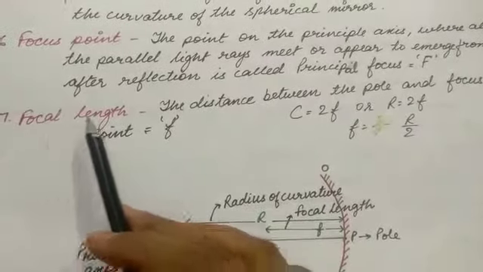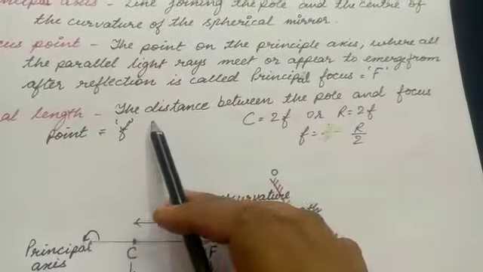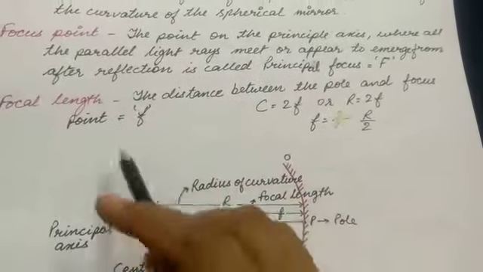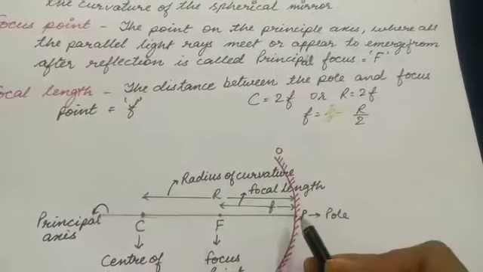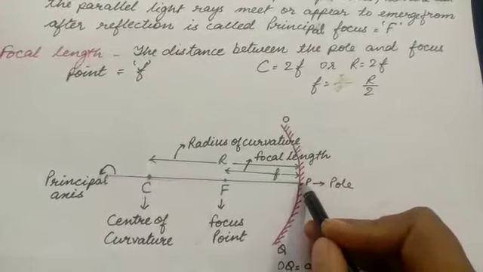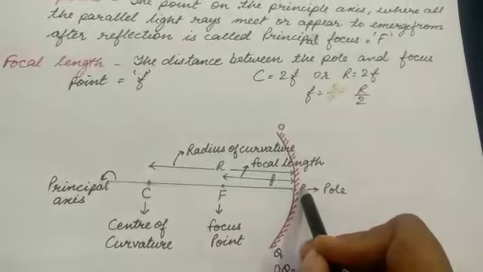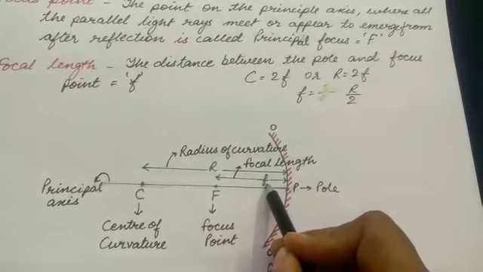Now, focal length. Focal length is the distance between the pole and the focus point, and it is denoted by small f. See here in the diagram, the distance between the pole and the focal point is called the focal length, denoted by small f.